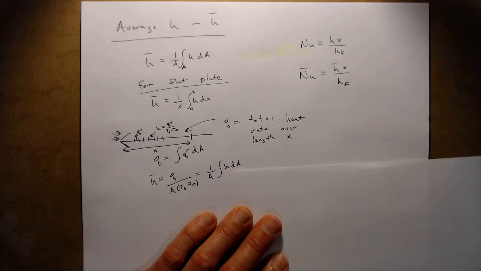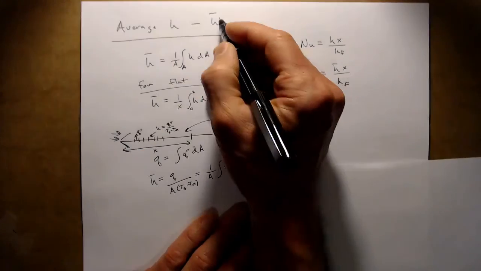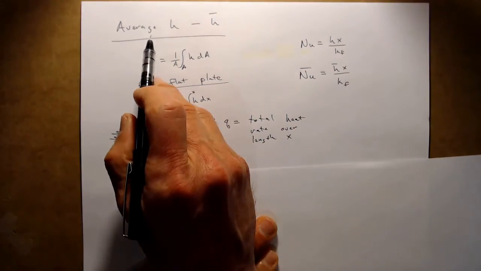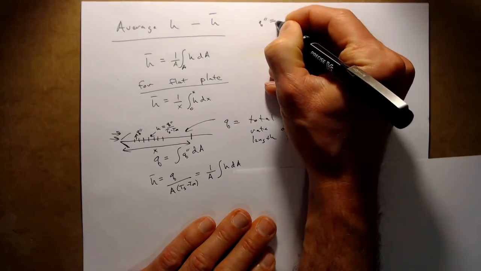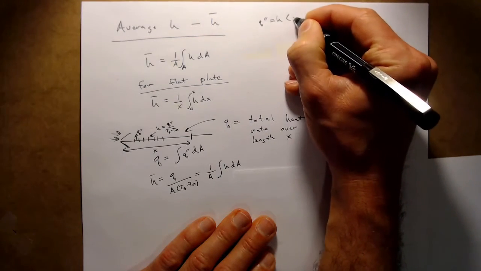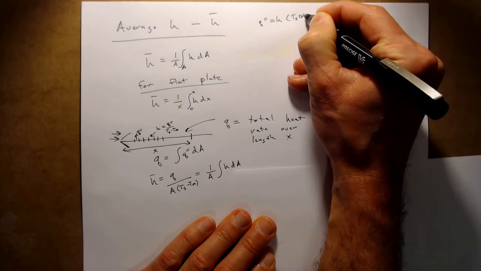Or alternatively, or actually synonymously, we could define an average heat transfer coefficient. So we said the heat flux locally was equal to the heat transfer coefficient times the local temperature difference.